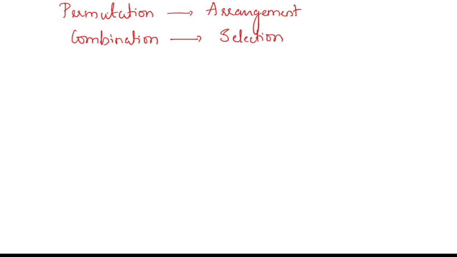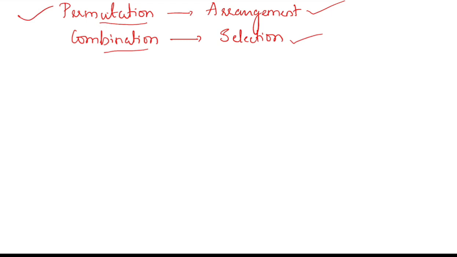When we have to solve problems where arrangement is important, then those problems are regarding permutation. And problems where selection is important, where we need to select something out of a few things, are nothing but combination problems. So first we will do permutation problems.